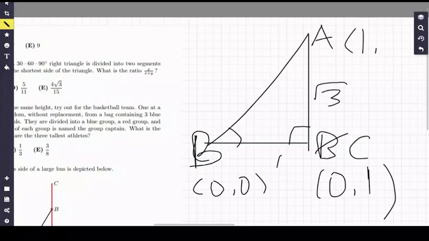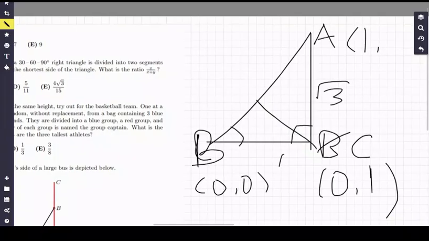So from C to the hypotenuse AB, this will intersect at some point somewhere on the hypotenuse. The median from A to the midpoint of BC intersects this altitude at somewhere, let's say P.